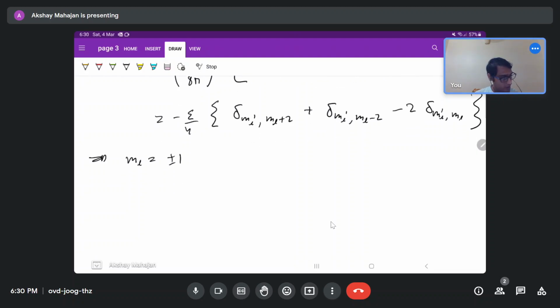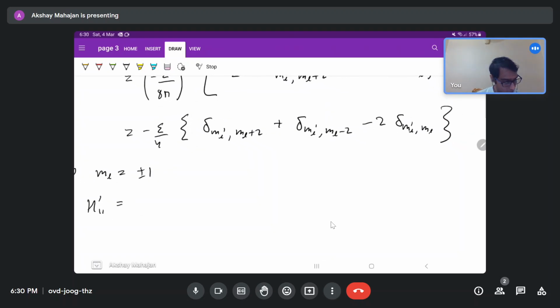Using that, I can write our matrix elements. For 1, 1, 1 plus 2 is 3 and that will be 0, the second will be 0, and the last will give you 1 for h11, so you will have minus 2 times minus ε/4, which just gives you ε/2, right.